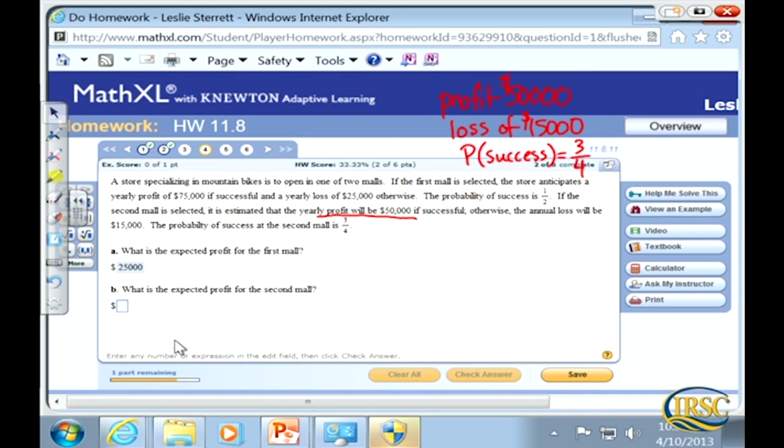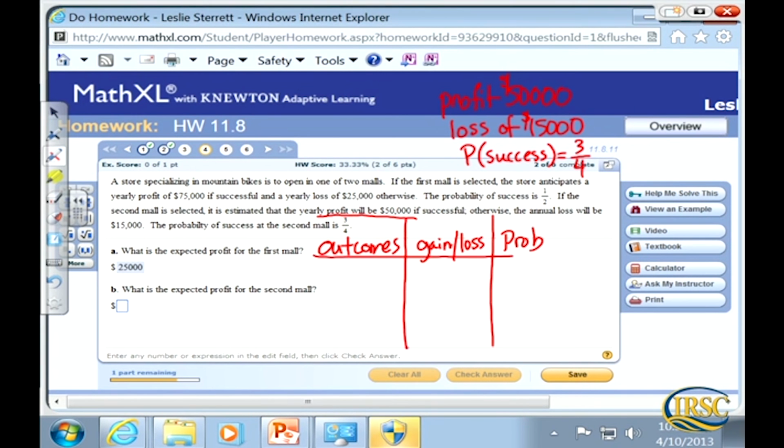Okay, let's see how you did. So we've got outcomes, gain-loss, probabilities. Okay, what are the outcomes of this one? Successful, unsuccessful. So nothing's changed here.